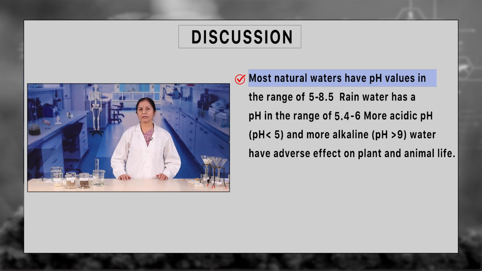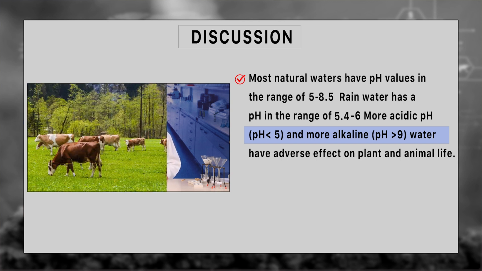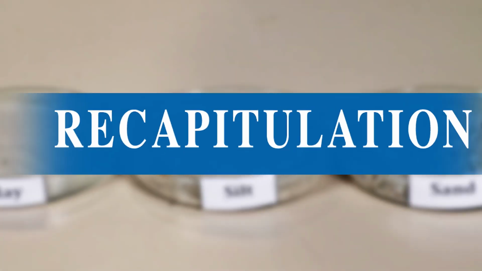Most natural waters have pH value in the range of 5 to 8.5. Rainwater has a pH in the range of 5.4 to 6. More acidic pH, that is pH value less than 5, and more alkaline pH, that is pH value greater than 9, has adverse effect on plant and animal life.